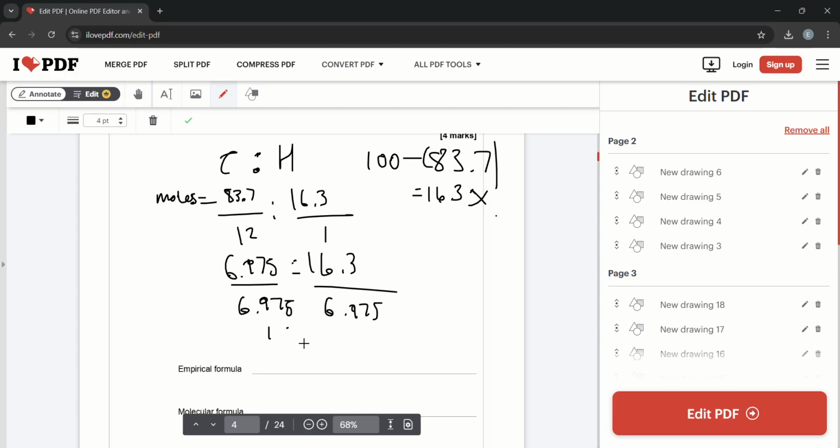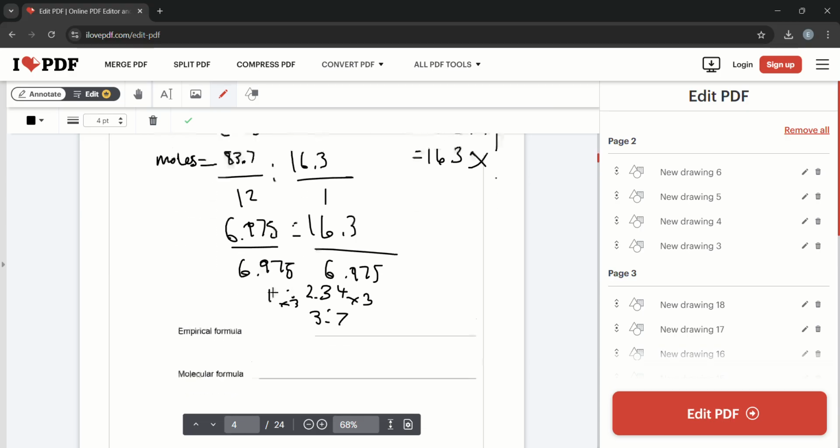And we'll get 1 to 2.34, and therefore if we times both sides by 3, we'll get 3 to 7.02, but we can round it to 7.